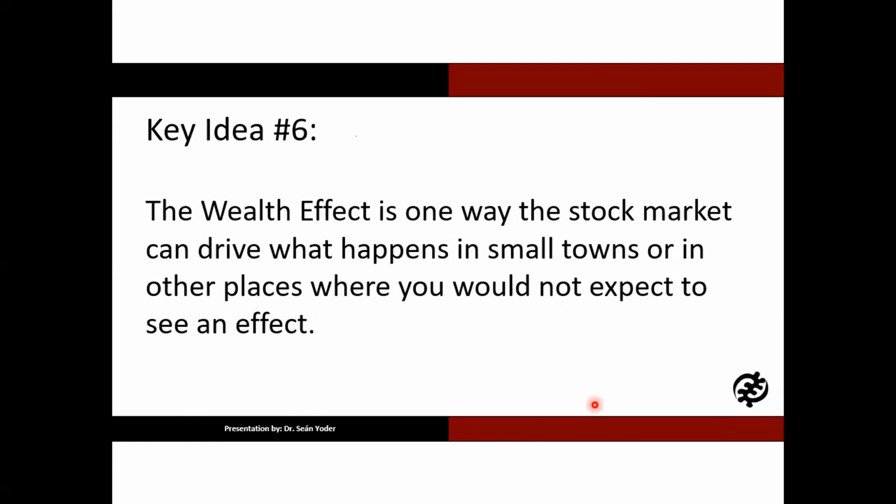So one of the ways as a professional economist I make money is sometimes businesses or nonprofits have me look over their finances and consult. One of my favorite things to do is I'll take their income, or their revenue if they're a nonprofit, their donations and all their money coming in. And then I'll analyze how much of the stock market, usually the S&P 500, accounts for changes in their income.